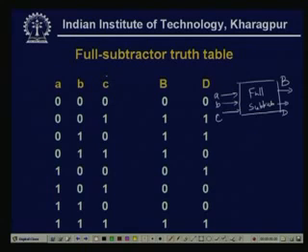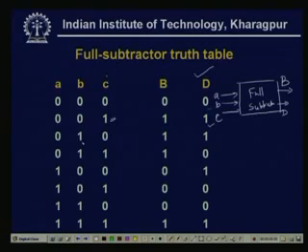Now, for all possible combinations, we have written the B and D values. First we consider the difference. If AB is 0 0, we already know that 0 minus 0 is 0, but if one borrow is there, the difference should be 1.